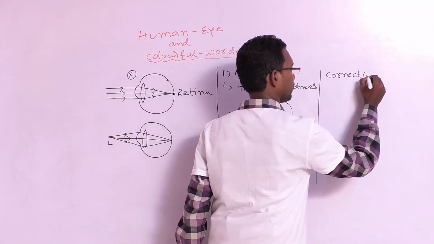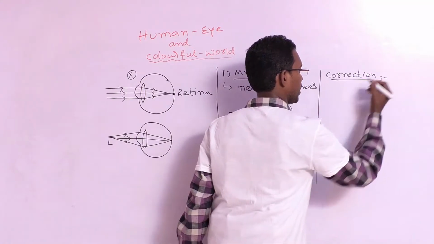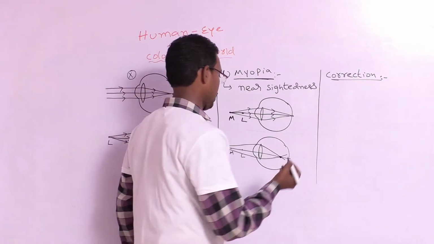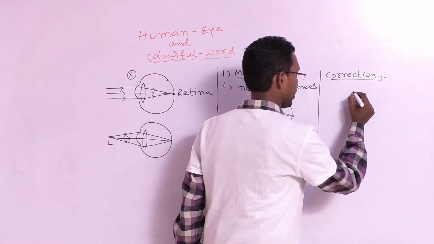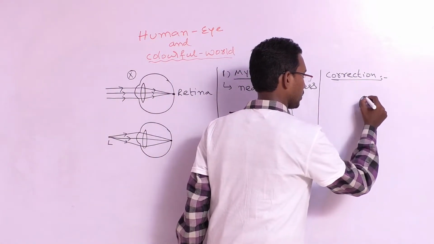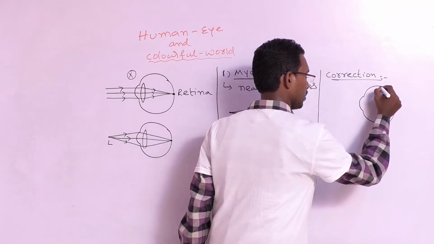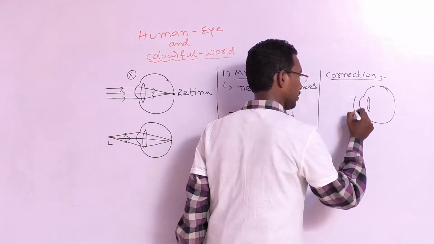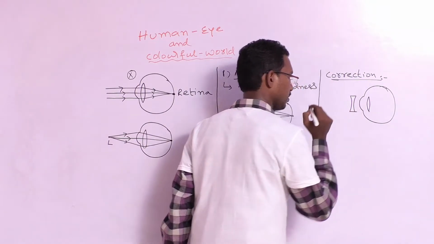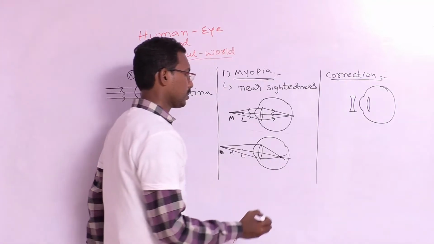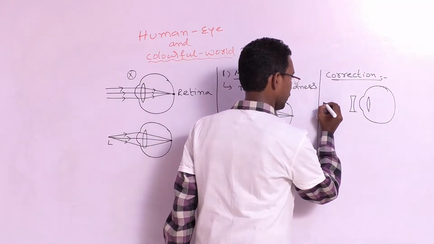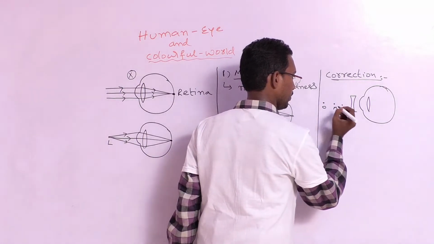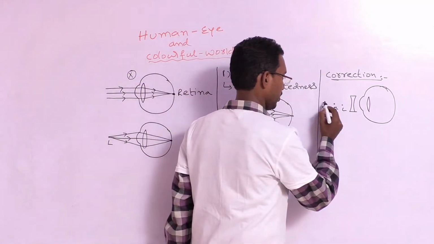So the remedy or correction for persons suffering from myopia is by taking a biconcave lens, not biconvex. So this is the defective eye, and here we have a biconcave lens. By taking a biconcave lens, now a person can see an object which is beyond the myopia point.